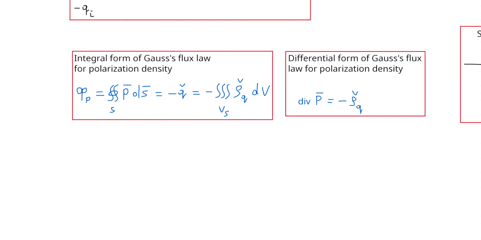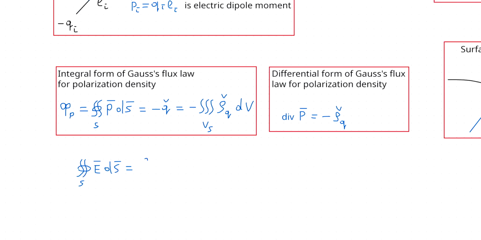So in this case, we will have that electric flux, the surface integral E ds, is equal to... We have to take into account free charges and bound charges inside closed surface S, divided by epsilon 0.